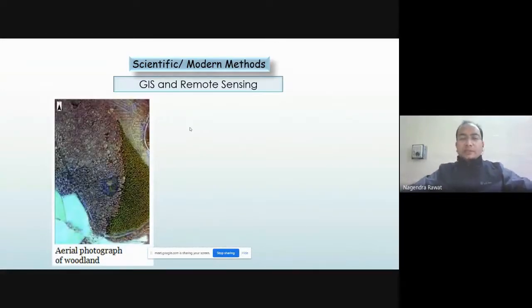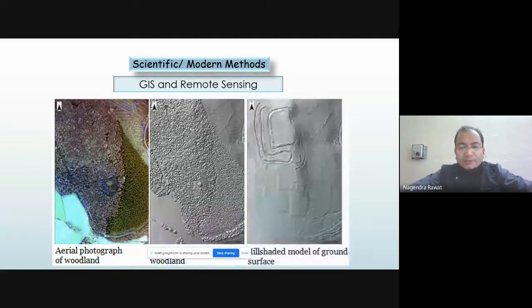First, I want to show these three pictures of the same site to show how remote sensing works. I will come to GIS, but first we need to see remote sensing. Remote sensing is a science completely based on sensors, which never touch the ground physically.